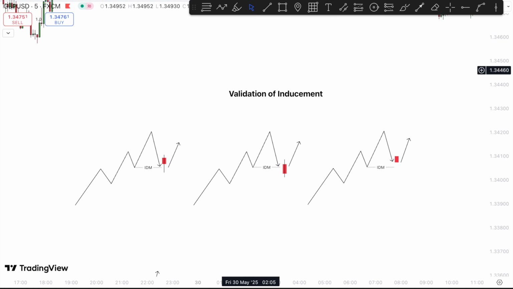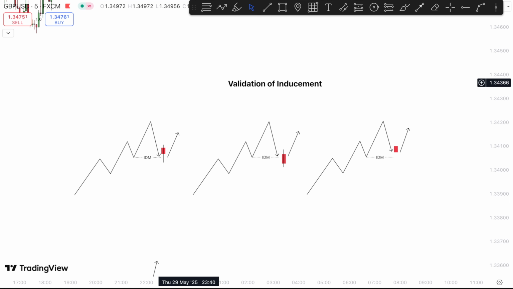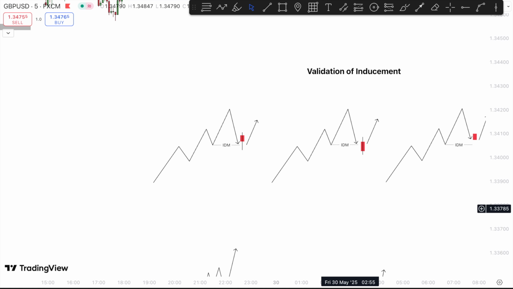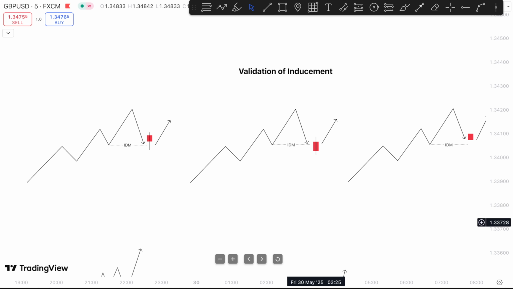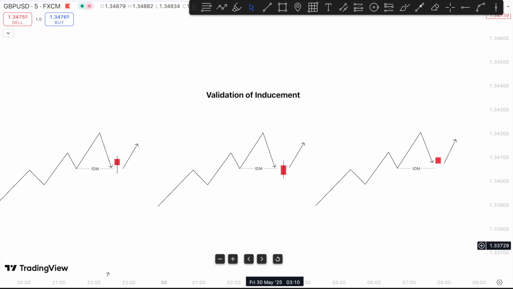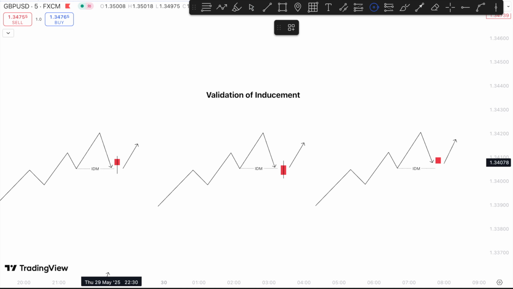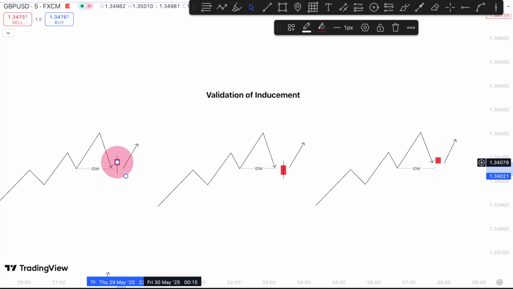So first of all, let's go with this chart. On this diagram, you can see the validation of inducement. Just focus on these candles right now. This is your valid inducement. How, you may ask?